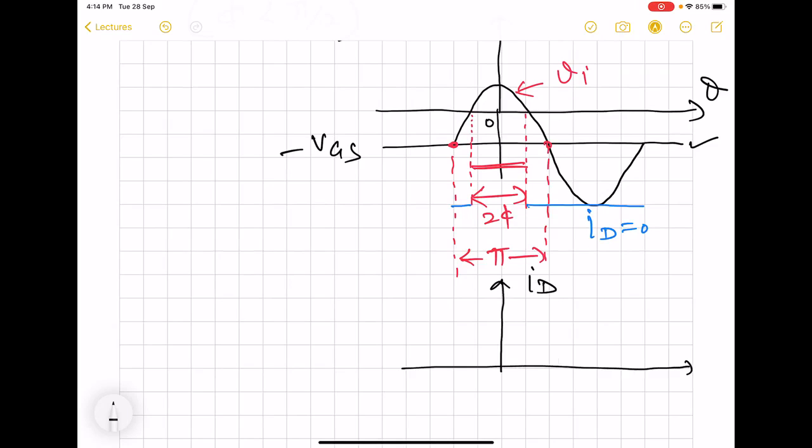So we find that it is non-zero over only this much portion.